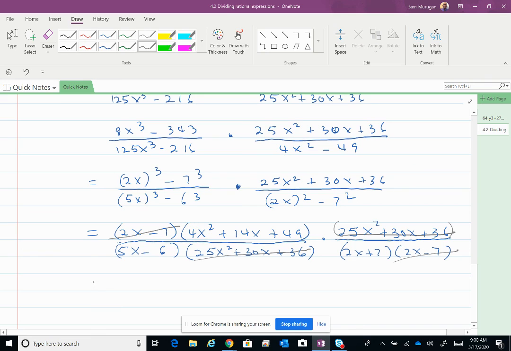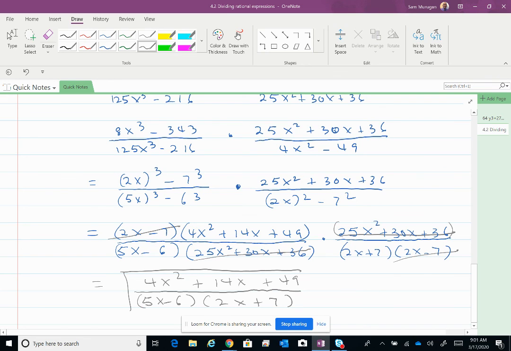And that gives you your answer as 4x squared plus 14x plus 49 over 5x minus 6, 2x plus 7. It is not necessary to FOIL the denominator.